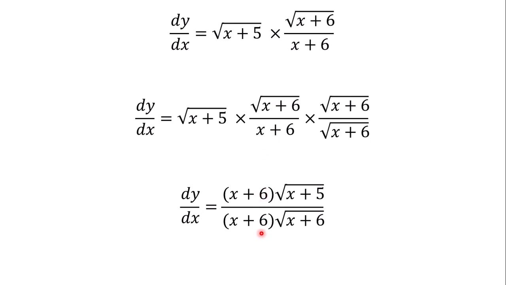Now here and here are the same, so this one will cancel out with this one, and we are left with this over that. Okay. So dy over dx is equal to square root of x plus 5 divided by square root of x plus 6.